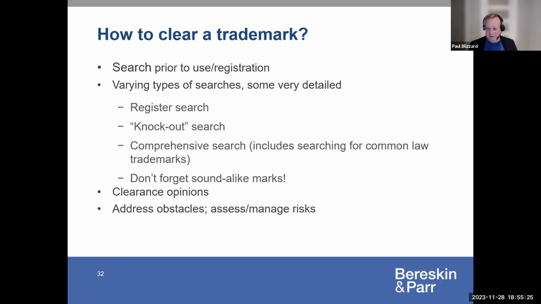Another thing to be concerned about is sound-alike marks, things that sound the same but may not be spelled exactly the same. This type of searching is something that we work on. Also, the IP Osgoode Innovation Clinic is a good first stop if you're just starting out. They do trademark knockout searches too. So I recommend reaching out to Hayden or to the clinic.